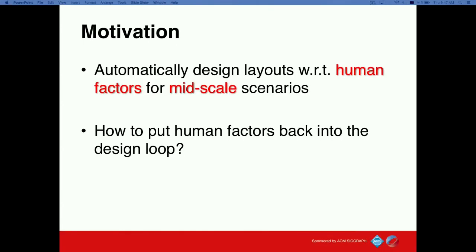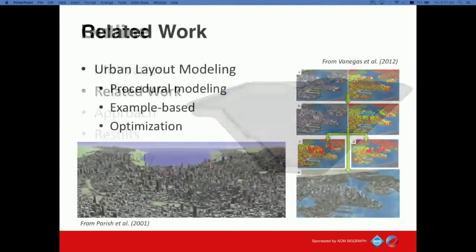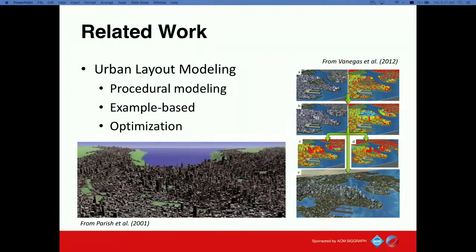Okay, next I will have a brief pass on related work. Urban layout modeling has been a hot topic since procedural modeling of cities was proposed in SIGGRAPH 2001. After that, procedural modeling has been a mainstream method to tackle the problem. However, it requires expertise in designing rules and tuning parameter values.